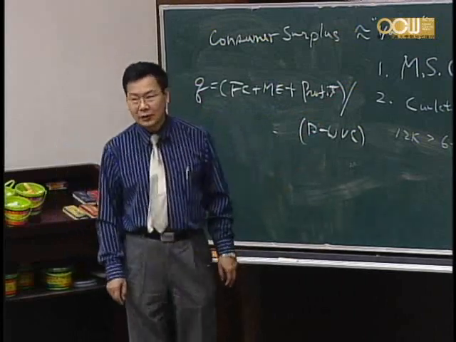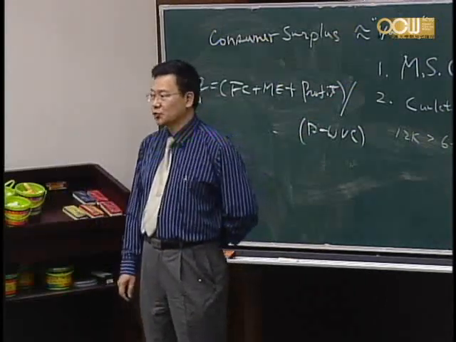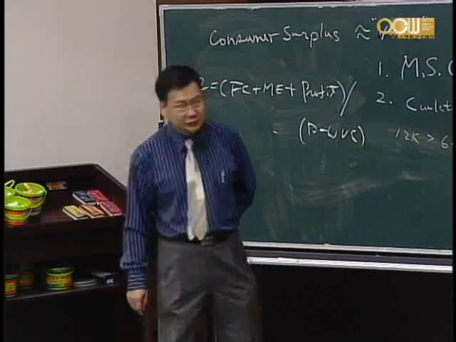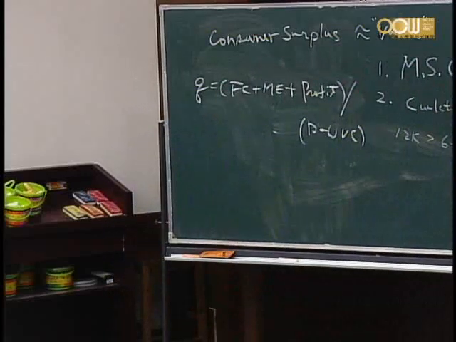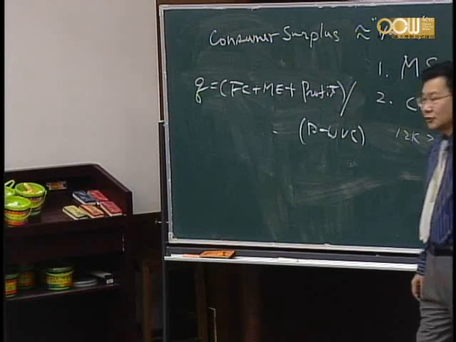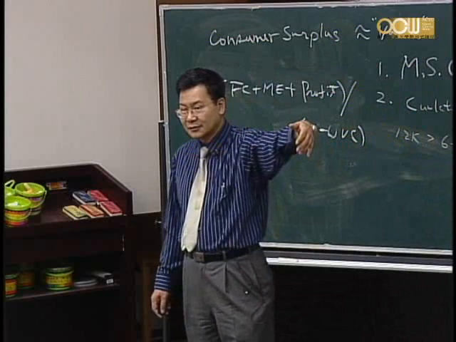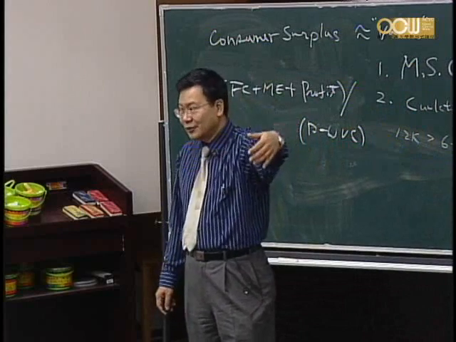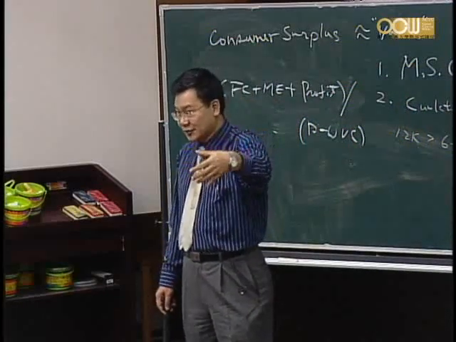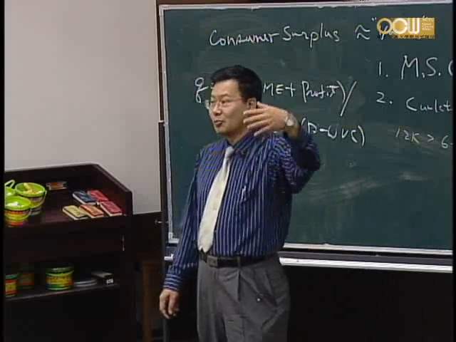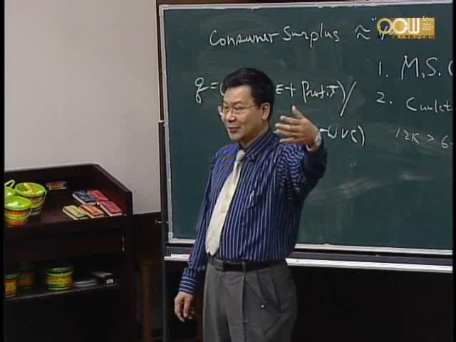Now, if my unit variable cost increases, my production level should increase or decrease? If my unit variable cost increases, I should produce more or less in order to cover my cost?